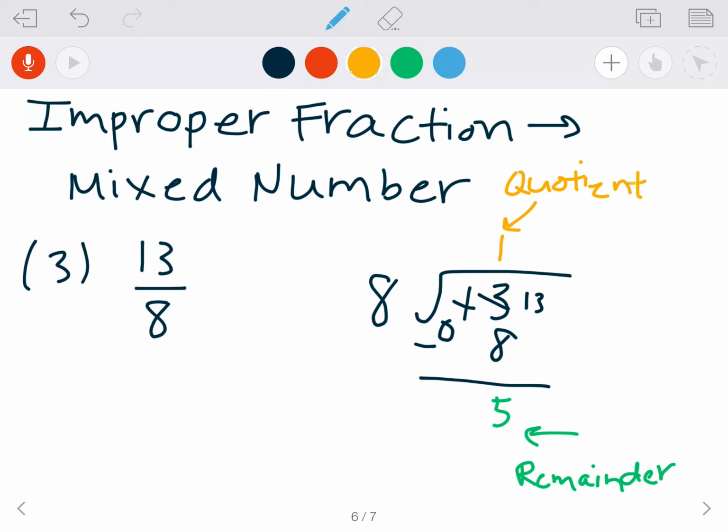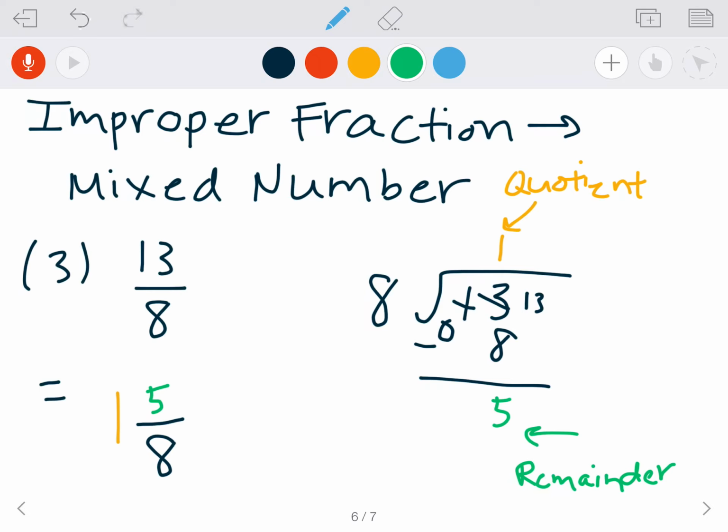All right, so when we convert here, our quotient in yellow becomes our whole number, the original denominator of 8 becomes our denominator of the mixed number, and our remainder in green, which is 5, becomes our numerator. And now, as usual, we ask ourselves, are 5 and 8 both even?